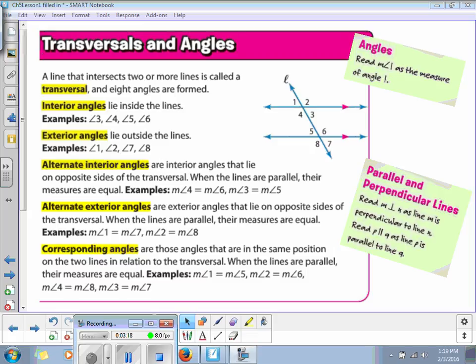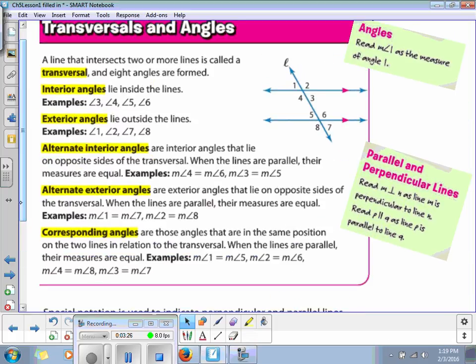All right. So here we have transversals and angles. Now, this list of vocabulary, you are going to need to know it inside and out. Okay? We have transversals, interior angles, exterior angles, alternate interior angles, alternate exterior angles, and corresponding angles. One that's not on this list is called vertical angles. You might want to add that in your list.